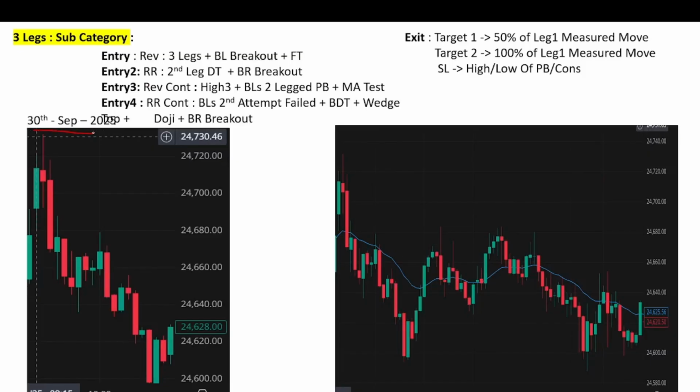Next 30th September, leg 1, leg 2, leg 3, and first trade is reversal trade, and then double top. Second is reversal and reversal, double top with the second leg, and you enter reversal plus reversal trade.